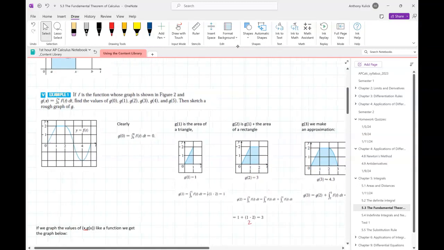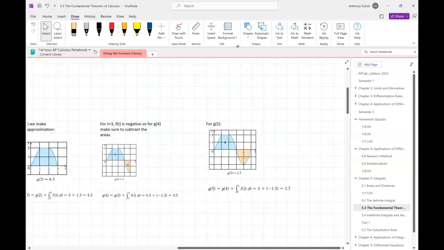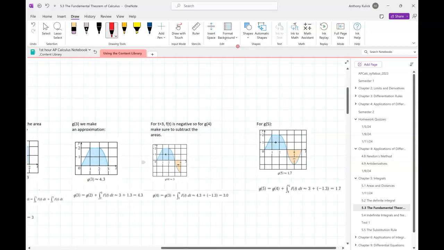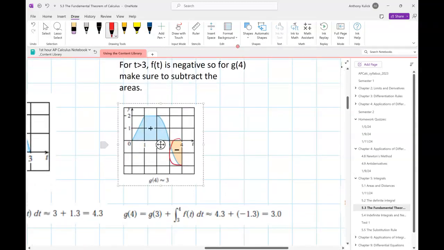And then to 4 is this much of our curve. But remember, when we have things below the curve, that's negative. So if I look at this, there's my triangle, there's my rectangle. We know that that's 3. We know this part we approximated was 1.3. This piece looks like the same shape as this one, just one is below the x-axis and one is above.